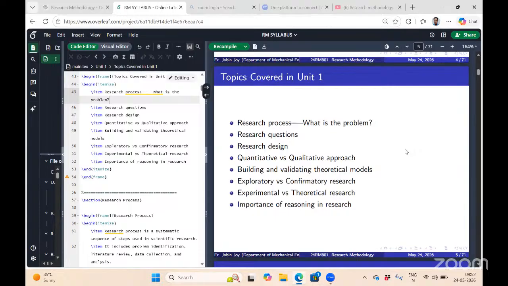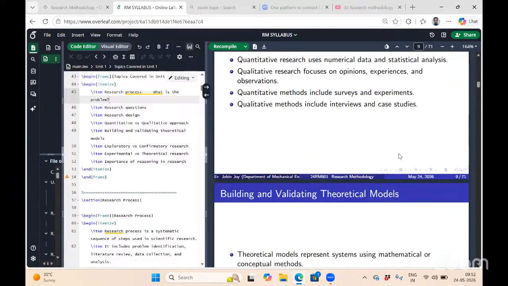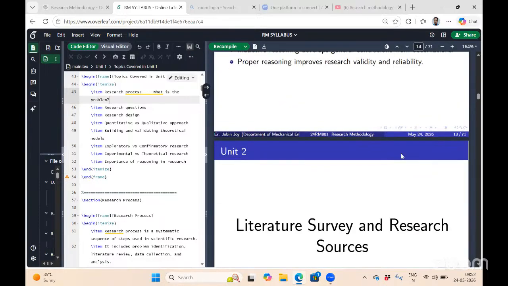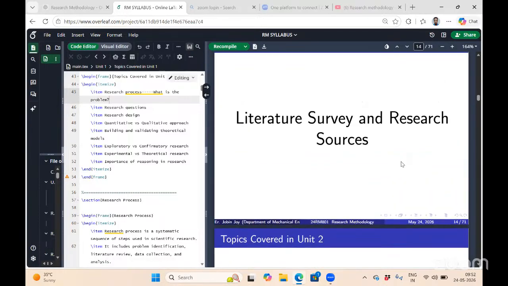Then coming to literature survey and research sources. What is its role in the research process? I have mentioned the first step is to identify a research problem, right?